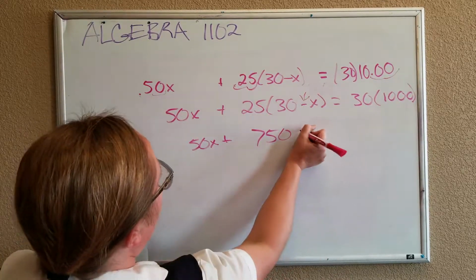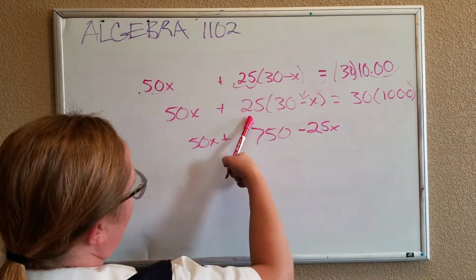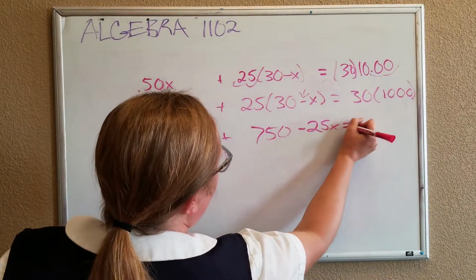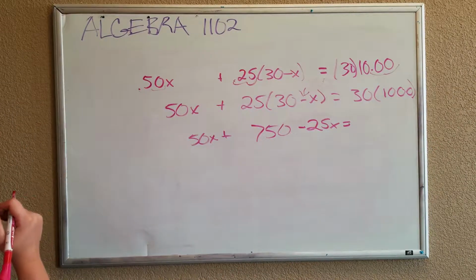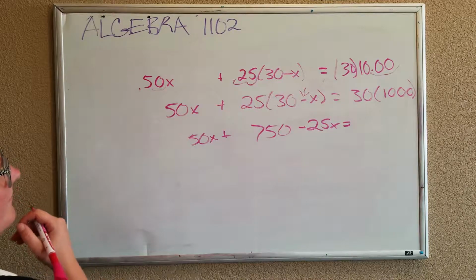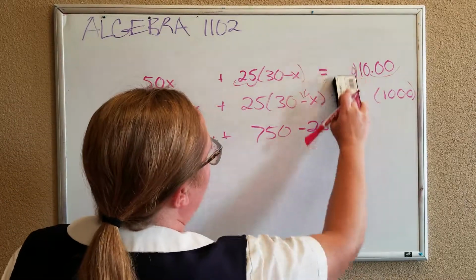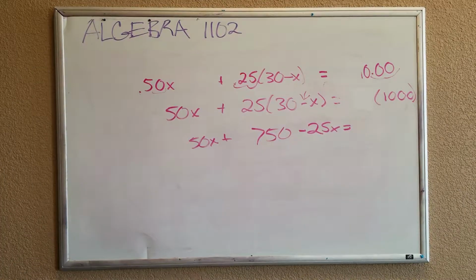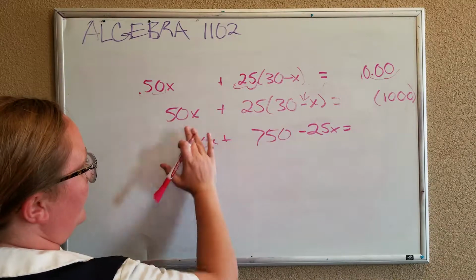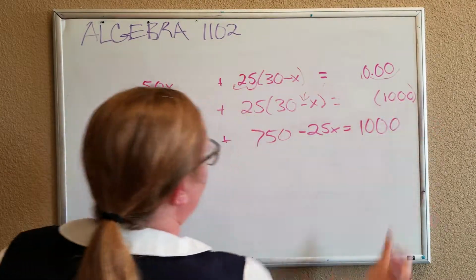This is going to make it go minus 25x, because it's a positive 25 times a negative x equals 30 times, no, that's incorrect. On this one, you don't multiply the end result. You only use your end result for your variables here. You don't multiply this, it would just be 1,000 right here, okay?